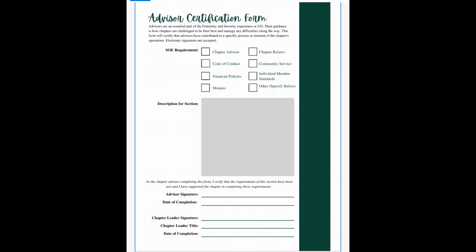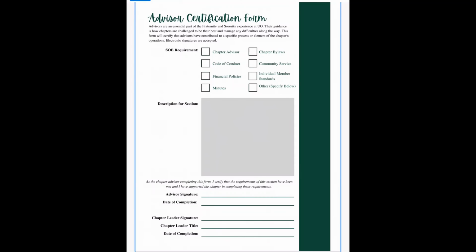The top of each form will include a checkbox option to indicate how this form is being used and for which standard, followed by a description section and a space for signatures. Electronic signatures are encouraged and can be set up within Adobe Acrobat in less than 5 minutes.